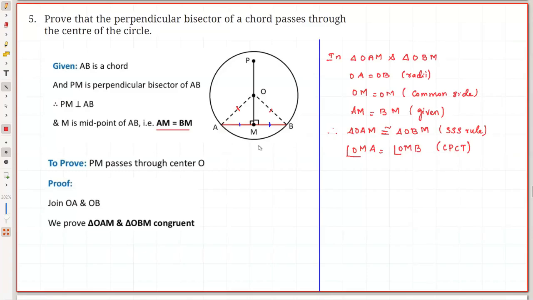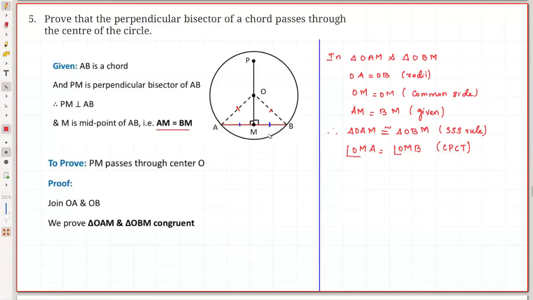Both are equal. So OMA is equal to OMB is equal to 90 degrees. We have to prove it. By the construction, PM is forming 90 degrees. So here I have to prove that OM is a perpendicular bisector of AB.